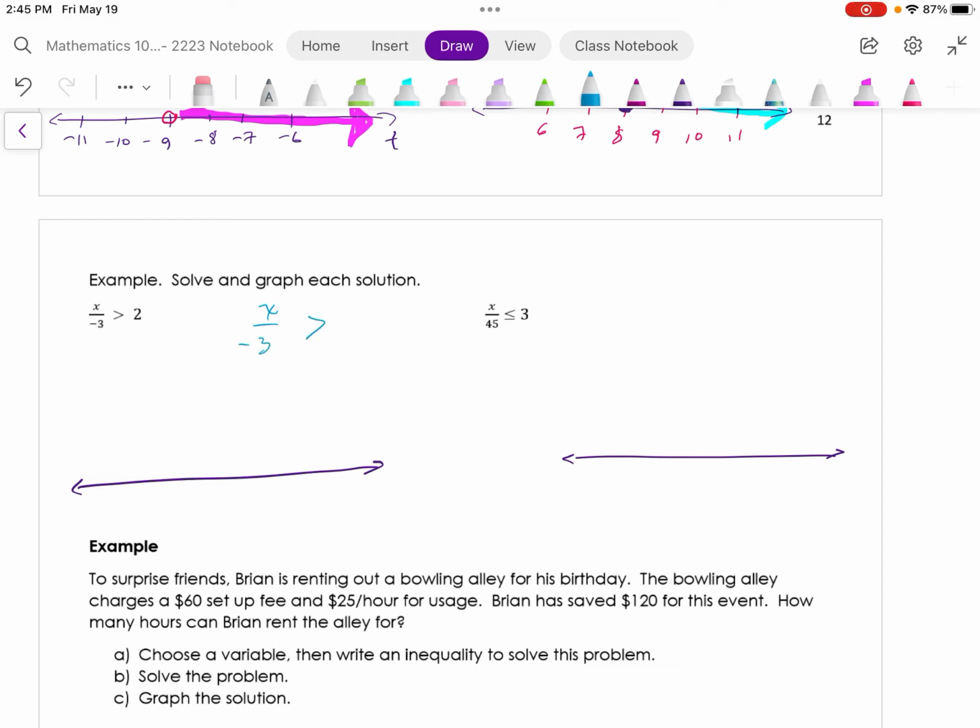Next one. x divided by negative 3 is greater than 2. I would like to isolate x, but unfortunately, it's being divided by negative 3. So I'm going to multiply both sides by negative 3.